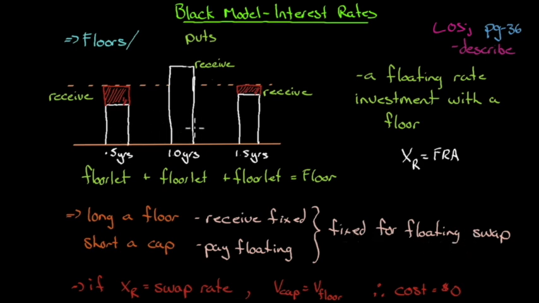Because you have a series of payments, but you've entered into a combination of options, a portfolio of options that create a floor, a portfolio of options that create a cap, in such a way that you now have a fixed for floating swap. If the exercise rate on the call and the puts equals the swap rate, the value of the cap will equal the value of the floor, therefore it costs you 0 to enter.